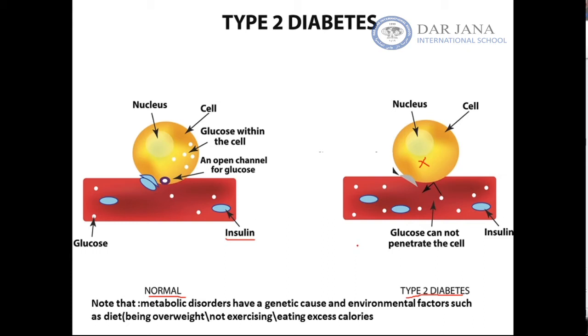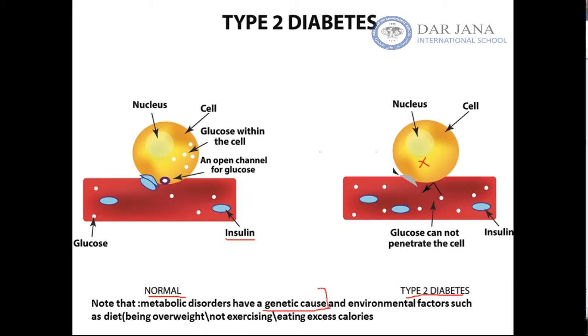Note that metabolic disorders like type 2 diabetes have a genetic cause and an environmental cause. Genetic cause, why? Because a mutation in any gene involved in controlling glucose levels can increase your risk of type 2 diabetes.